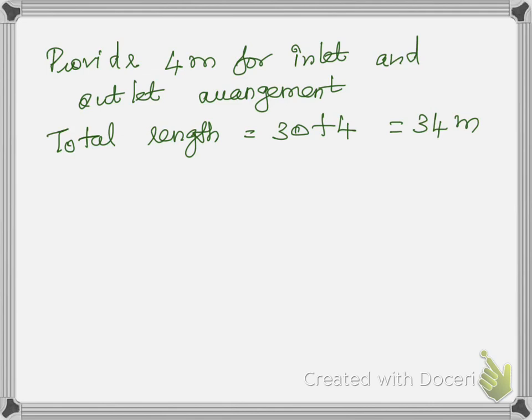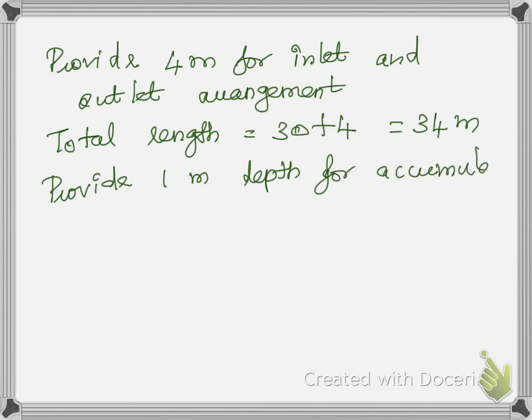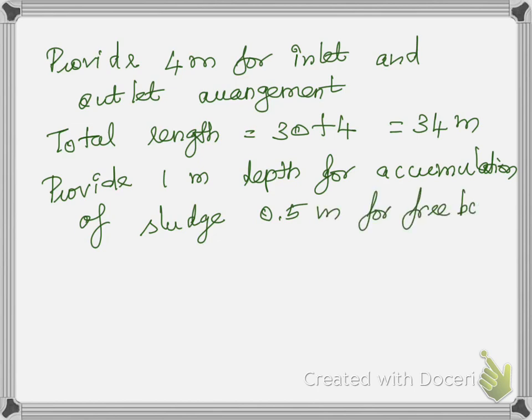Now the depth we have calculated as 2.5 meter. But this alone is not enough, because in the sedimentation tank the main process is the accumulation of sludge at the bottom of the tank. For that purpose we add an extra 1 meter depth for accumulation of sludge, as well as 0.5 meter for freeboard.